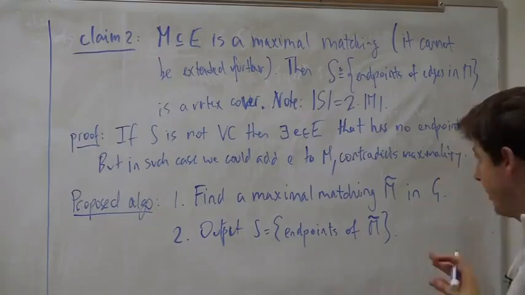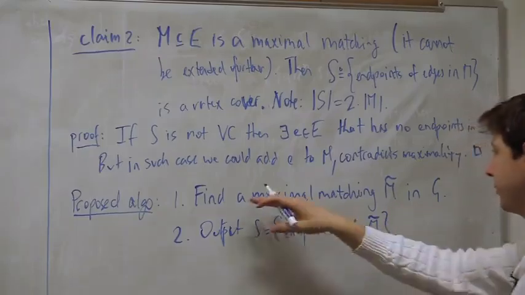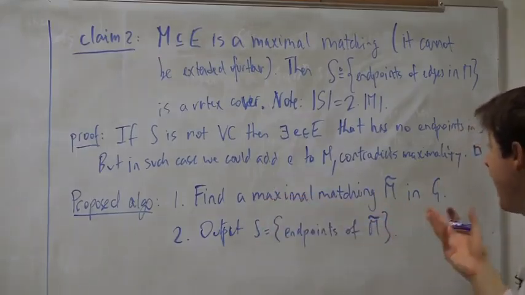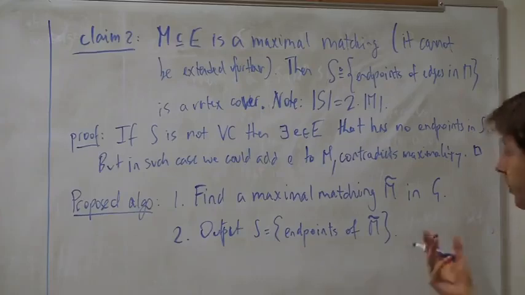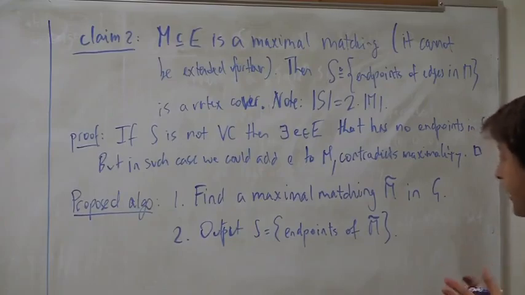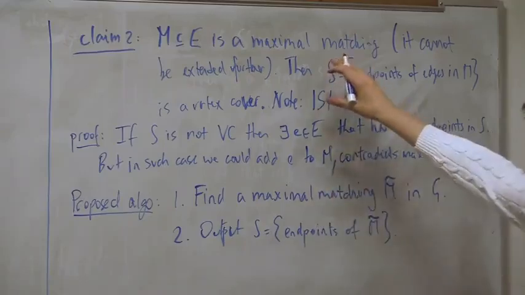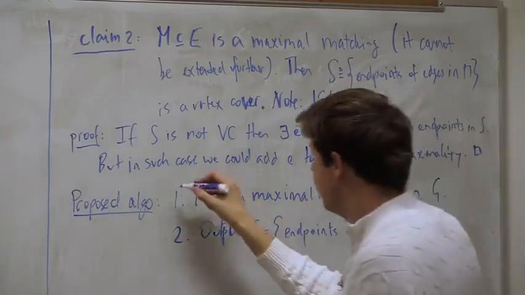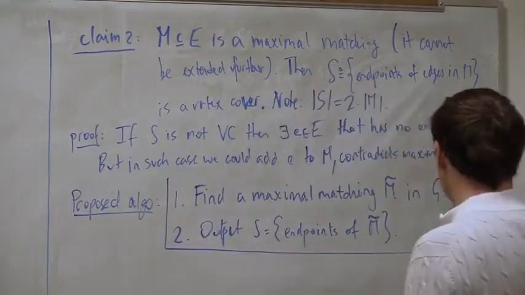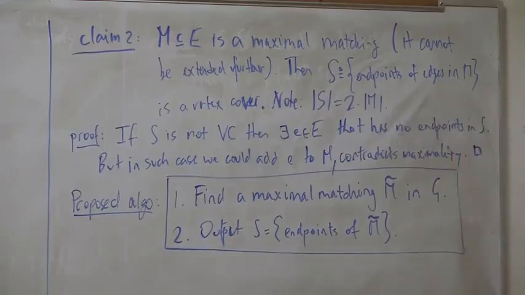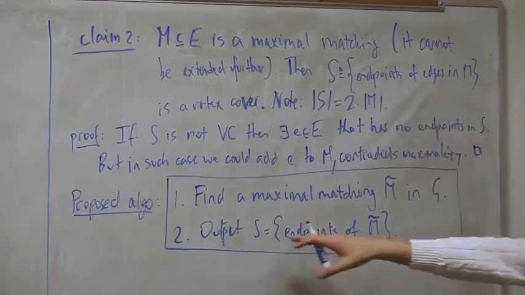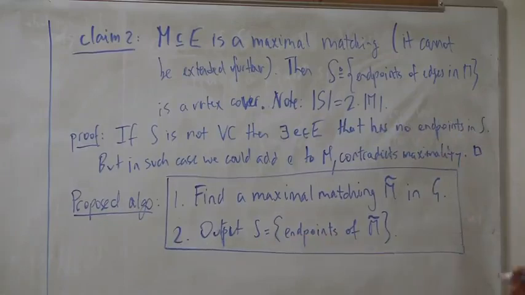Okay? So we're about to analyze it, but let's just realize that this first step is pretty easy. How do you find the maximal matching? You do it in a greedy way. You just put in an edge, and again put in an edge, put in an edge. As long as there are edges that you can add, you throw them in. You never look back. At some point you get stuck, but that's okay because you have a maximal matching. Okay? So this is the proposed algorithm. It's clearly a polynomial time algorithm. So all we're left to do is to argue about how good of a vertex cover it always produces.